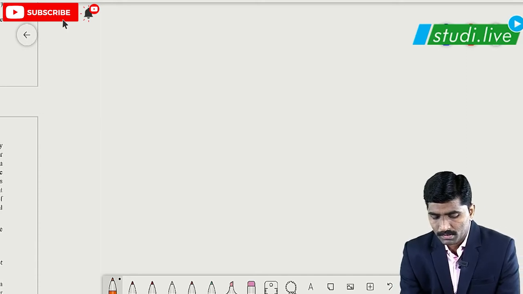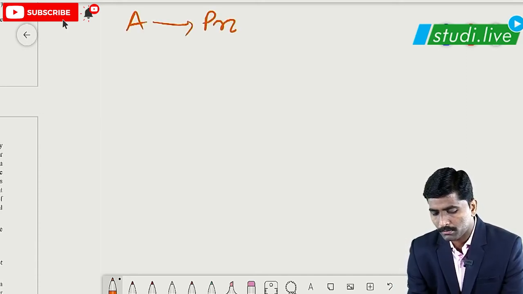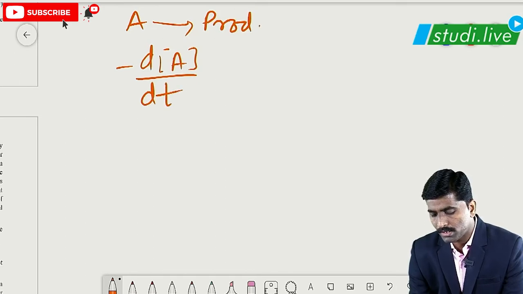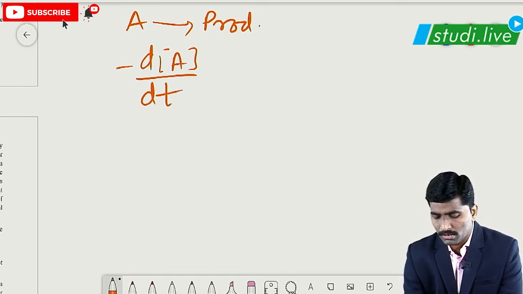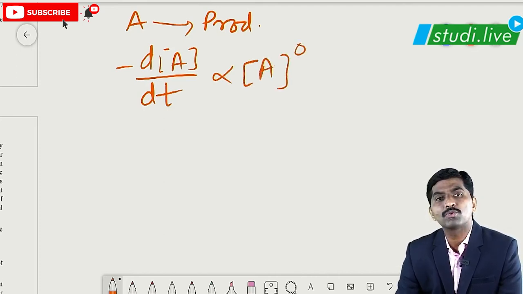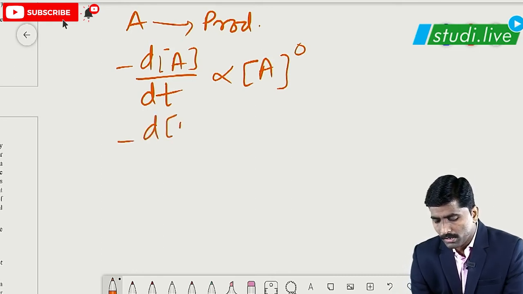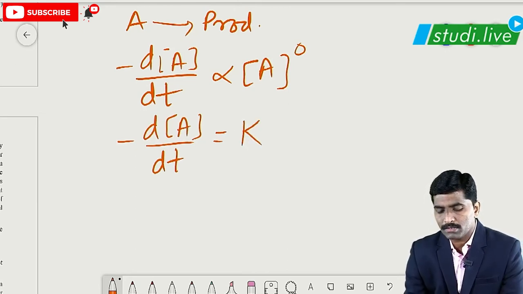For that, if I have A giving product, then minus dA by dt, that is the differential rate for this expression, provided this is a zero order reaction, it is independent of the concentration of reactant, that is A raised to 0. The expression becomes minus dA by dt is equal to k. Anything raised to 0 is 1.